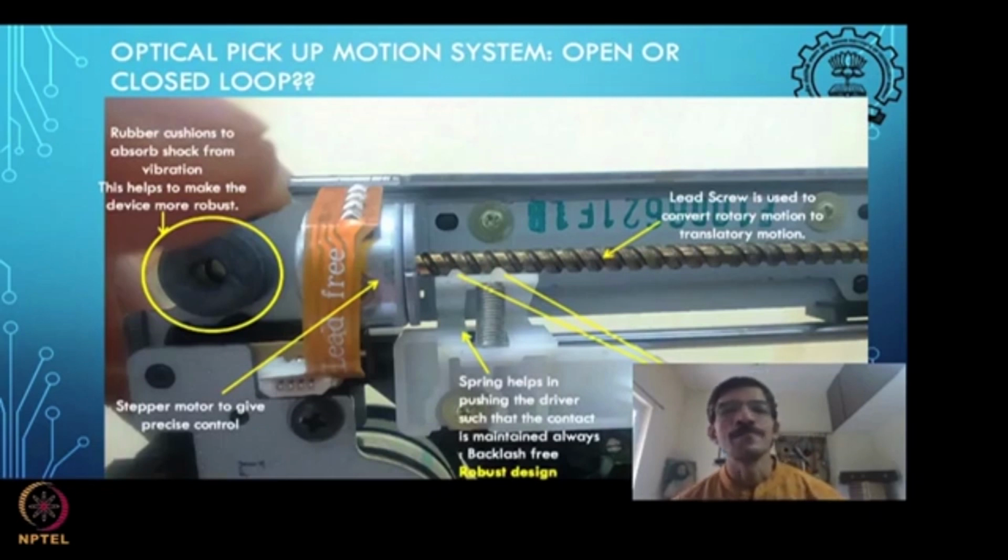Then you have this optical pickup system. It's a gross motion for that system. You can see this is a zoomed-in view of that little screw that you are seeing. This is a screw up here, and it has a motor on one end. This motor has these four terminals here.